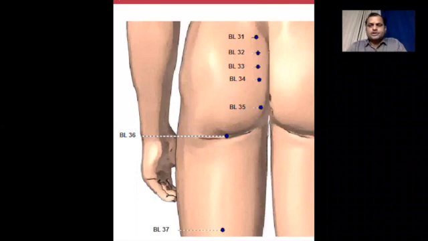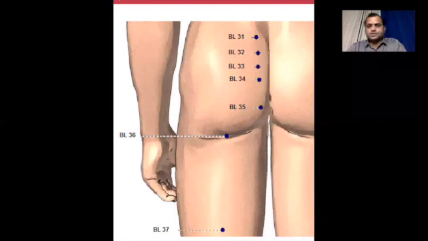So we can treat in the small finger, in the wrist side, in the lower arm, in the shoulder region, in the face for lower back pain, because now we know the flow of energy.